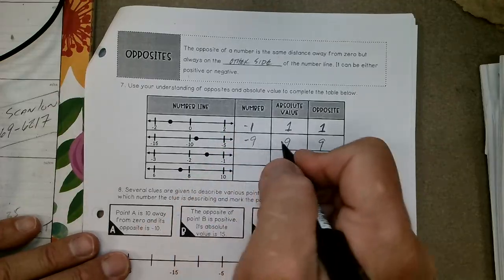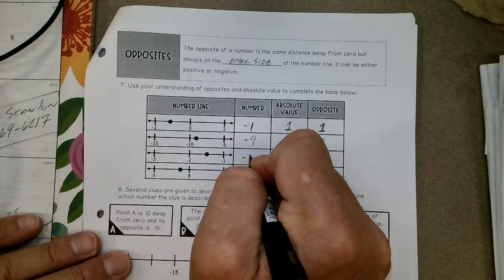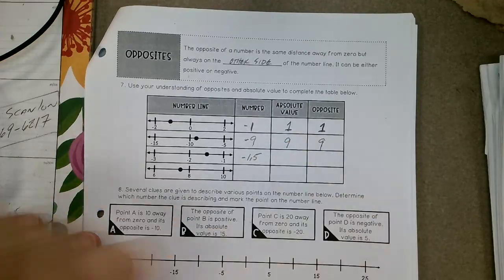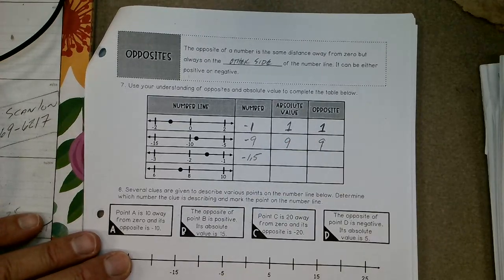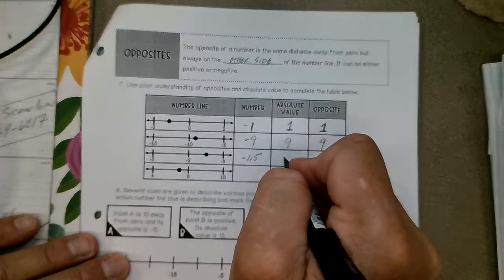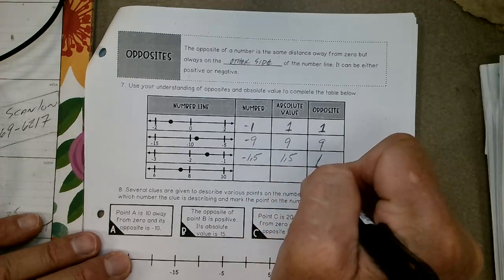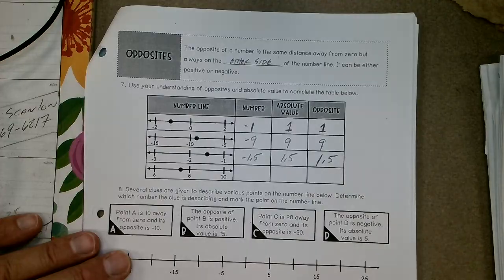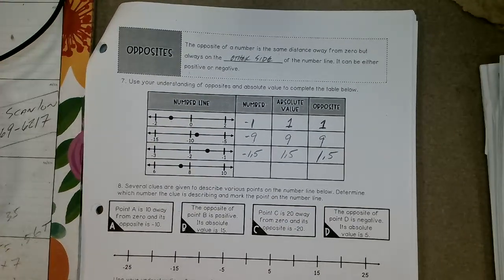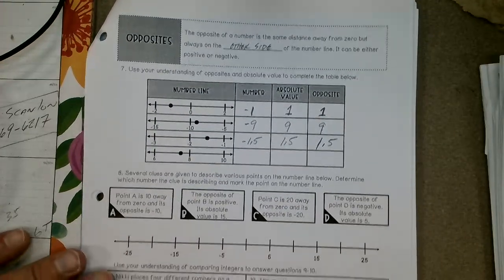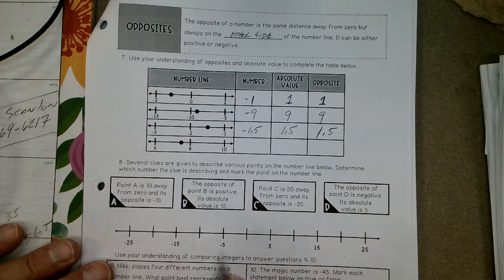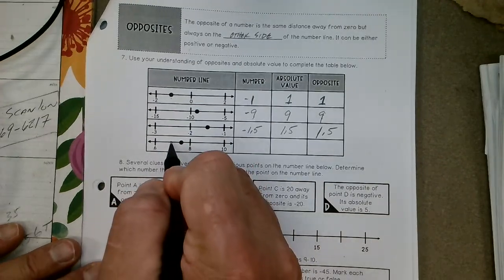Okay, the next one. It shows 1 and 5/10, right between it. The absolute value is 1 and 5/10, and the opposite is negative 1 and 5/10. Go ahead and do the last one. The interval here, so 6, 8, there's 7.